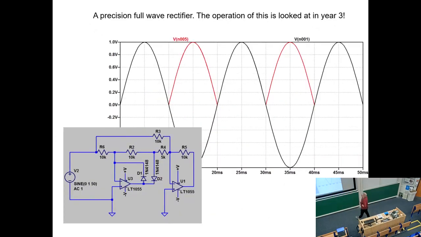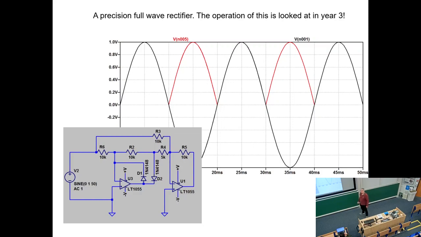And if you want to make a precision full wave rectifier, so that the input waveform is the black line, and we actually get out the black and the red signal with no distortion at the edges and perfection. This is one implementation of a precision full wave rectifier using a couple of precision diodes and some adding circuits.